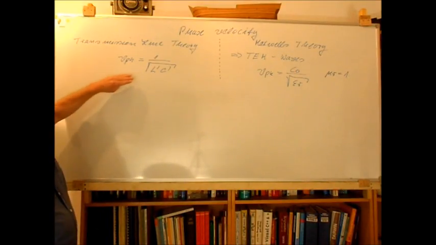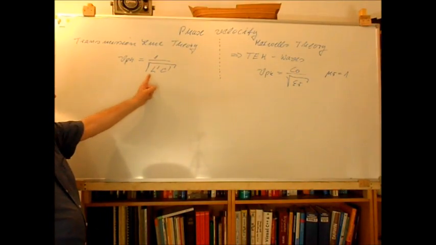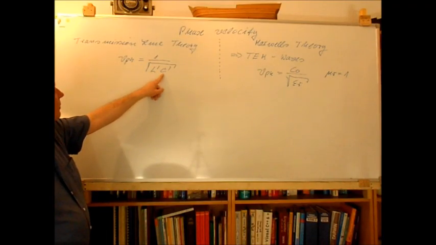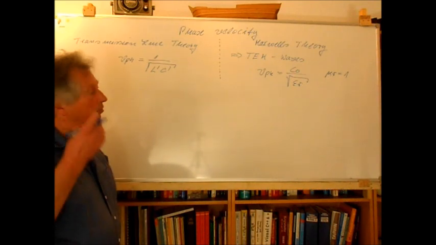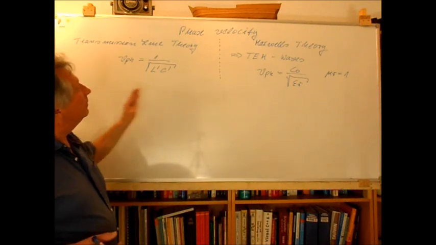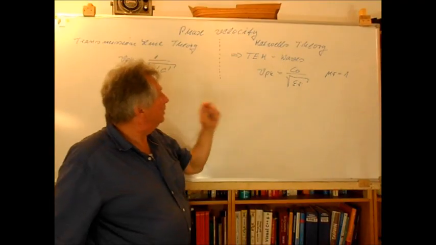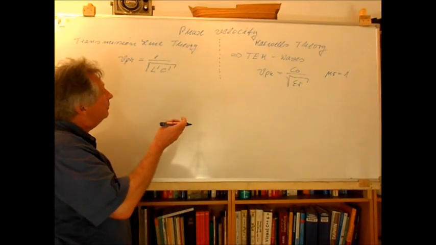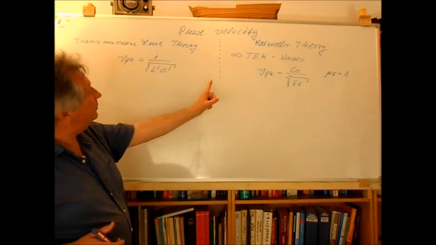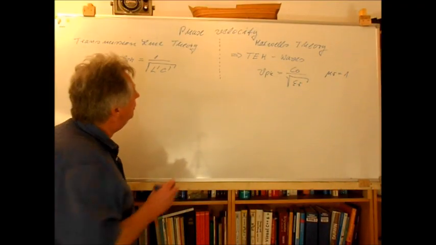But here, if you have a look at the phase velocity, it seems that you can choose L and C independent of each other, adjusting the phase velocity to an arbitrary value. But then the Maxwell theory is a more fundamental theory. These two phase velocities must be equal to each other.